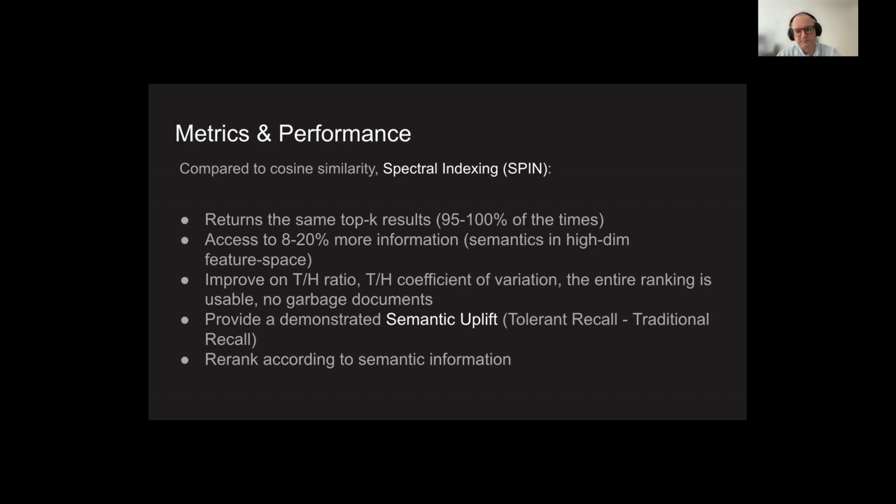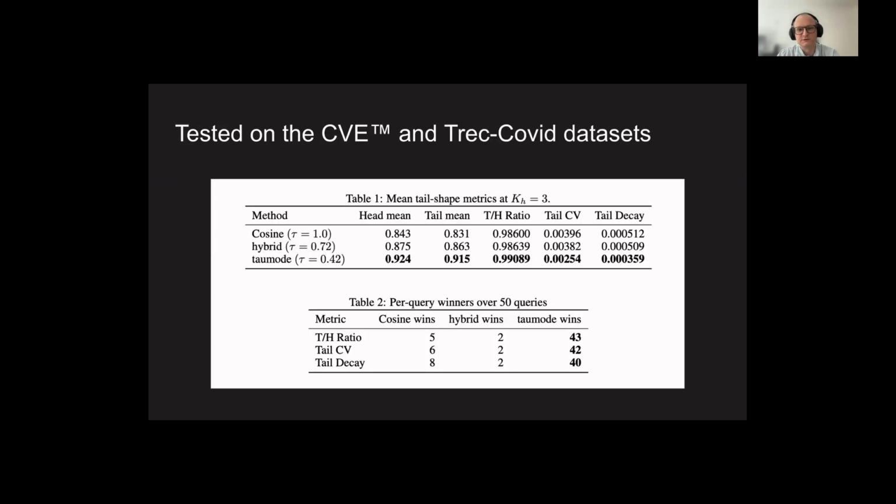In particular, semantic uplift is the metric we defined to address what we call the semantic gap. Besides making results better, it also makes re-ranking better. The re-ranking is usually more similar to how a human expert would rank the results of the search.